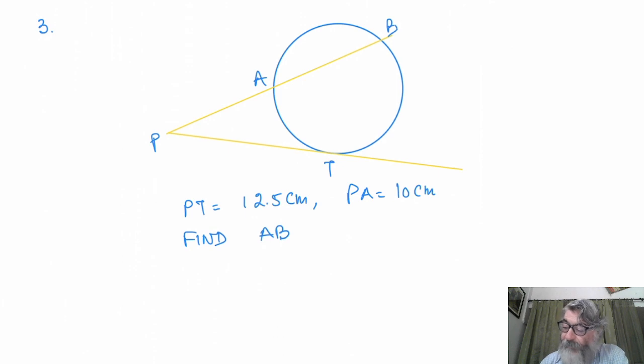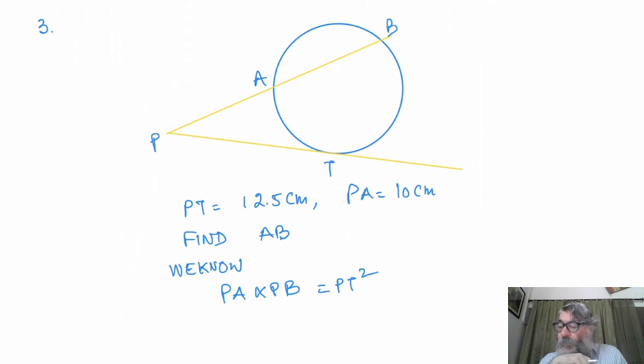That is, we know PA into PB. AB is the chord, PB and PA are the lengths of its segments, and PA into PB will be equal to PT square.